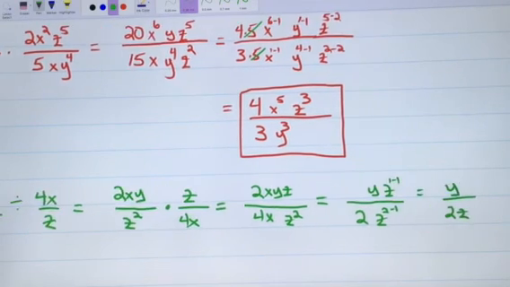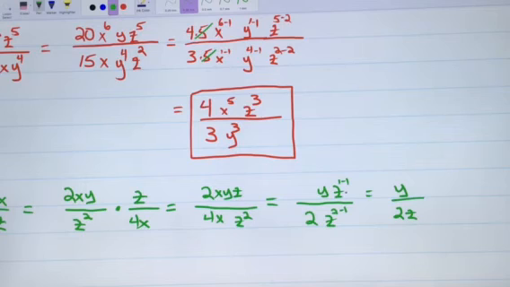And so again, x is canceled out, 2/4 goes to 1/2, and we have y. The only factor in that variable is at the top, and as for z over z squared, you have z at the bottom. So for this reduction, we end up with y over 2z.